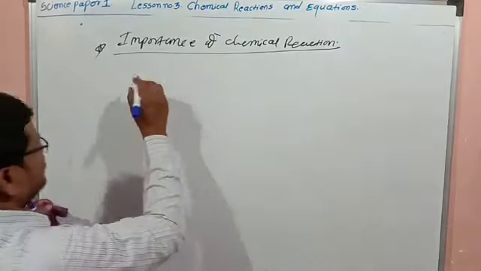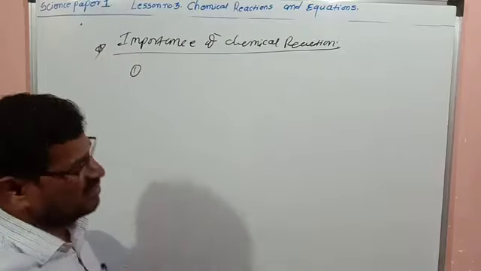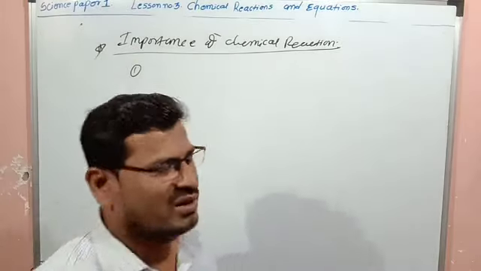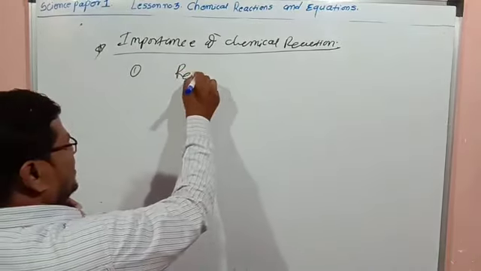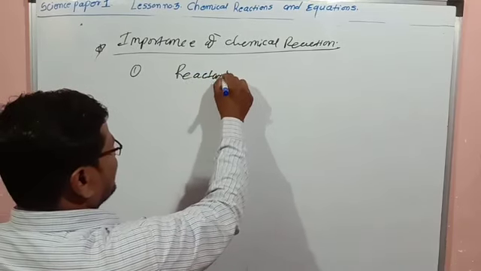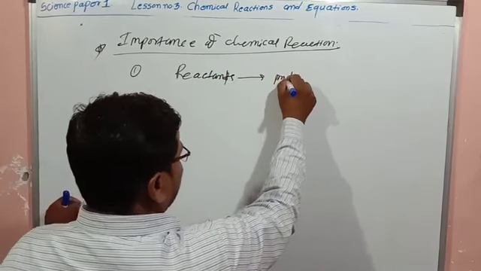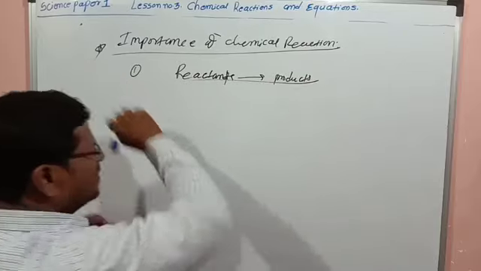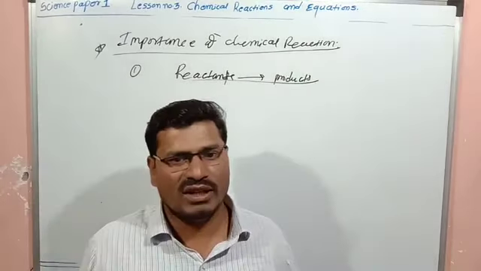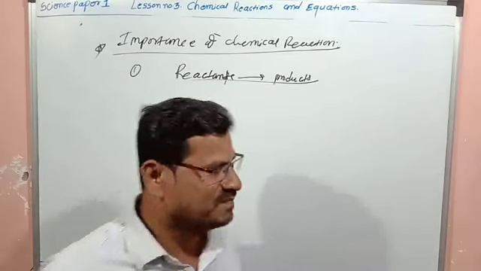So, 3-4 points. In the importance of the chemical reaction, you are going to learn that reactants are converted into products. In the chemical reaction, reactants react together, giving a new substance, a new product.